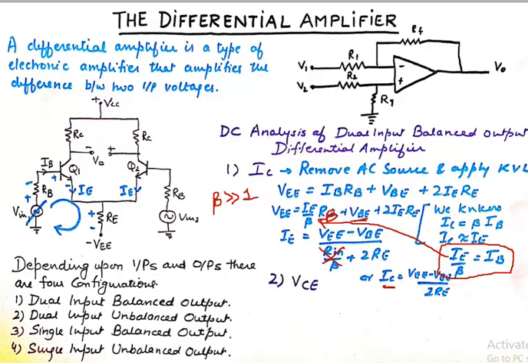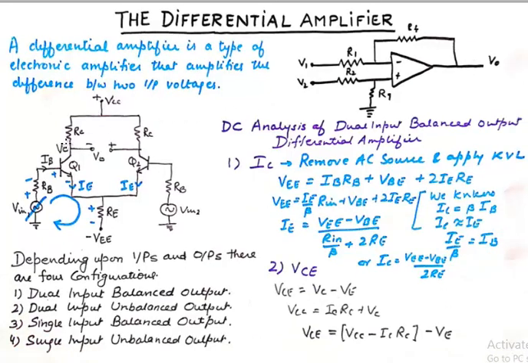Then we need to find VCE. In order to find VCE, let's assume the voltage here at VC, and VCE is VC minus VE, and we know that in this outer loop, going from VCC, I get VCC plus IC RC, some drop here, and then VC.